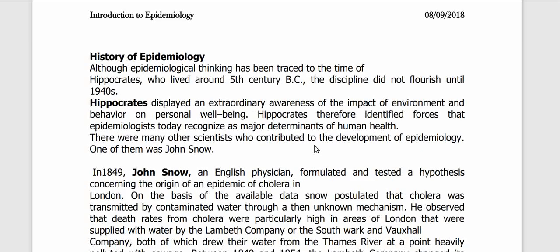Moving forward, let's look at the history of epidemiology. In the history of epidemiology, you're going to look at it in your own time, and then you understand how the awareness and implementation of everything was brought into existence, and who formulated and, for example, tested the hypothesis of the occurrence and the frequency of disease.